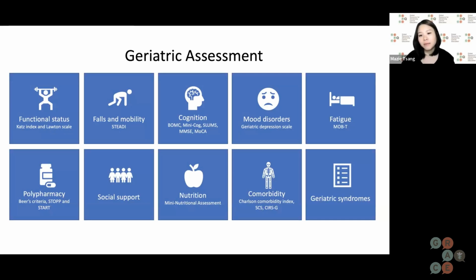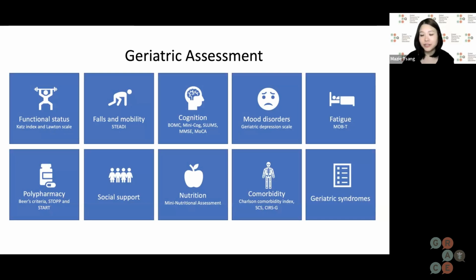Comorbidity basically assesses all the other medical conditions you could have besides your cancer. And all of these medical conditions can impact the way that you're treated and how you respond to different treatment. Fatigue assesses how tired you are and how much of your day you spend in bed or in a chair.